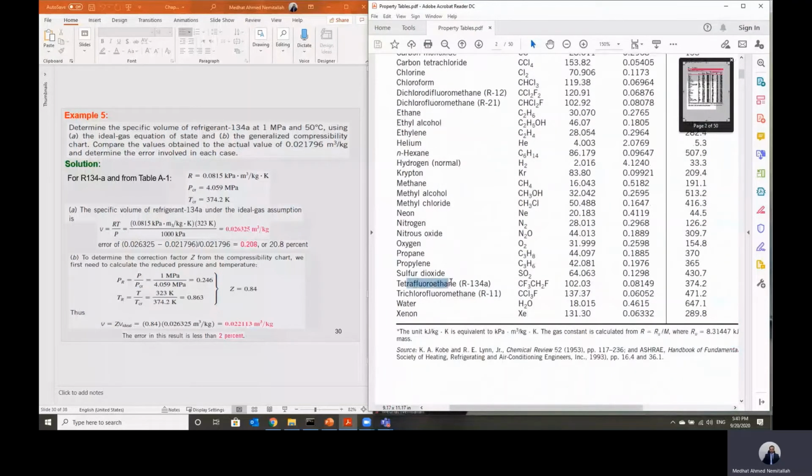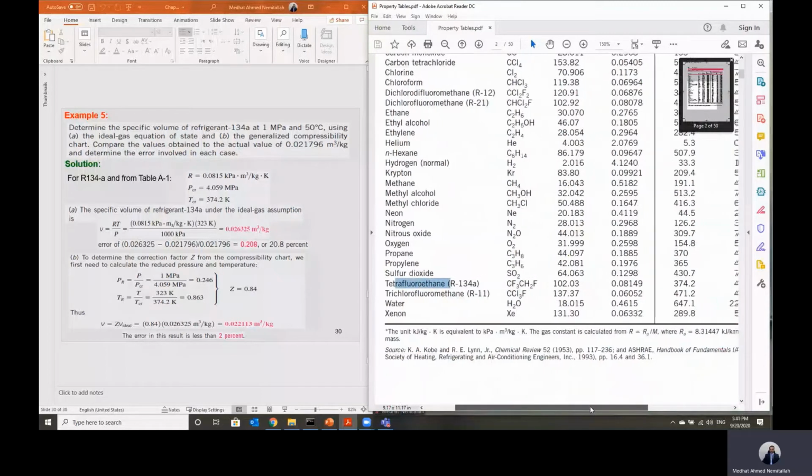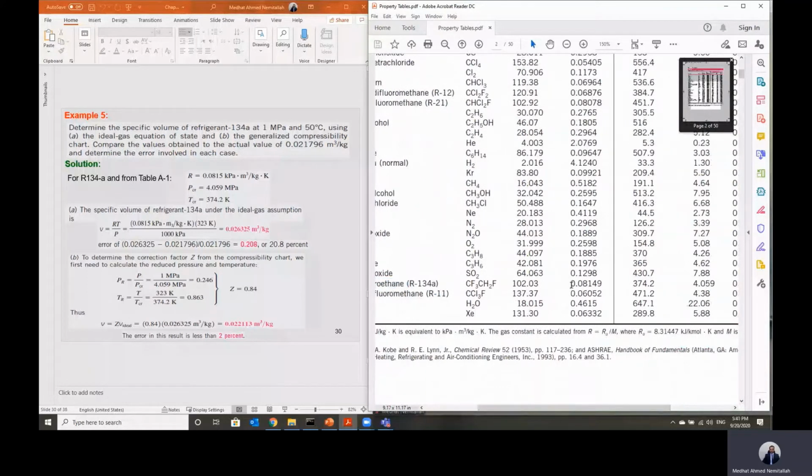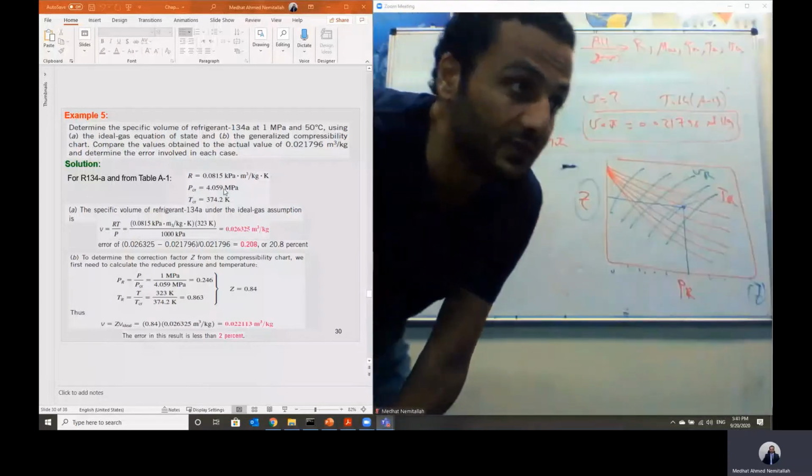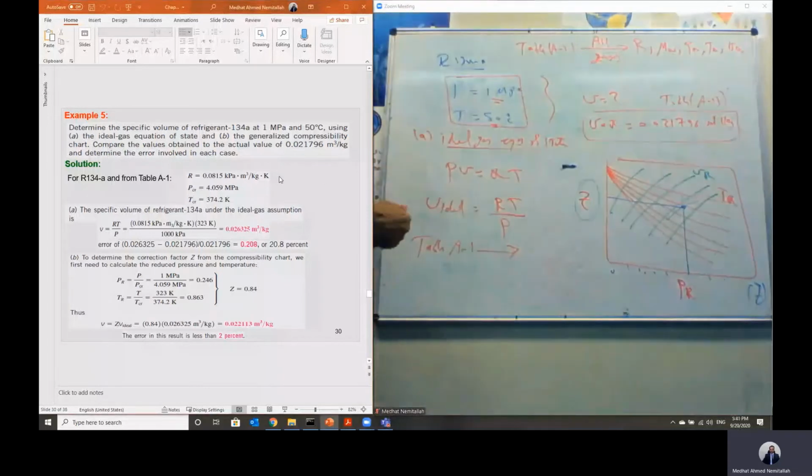Yes, this is refrigerant R134a, and this is its chemical formula. From this table you can get the value of the gas constant R. Here is the value of the critical temperature, this is the critical pressure, and you can also find the critical specific volume. The values are given here.